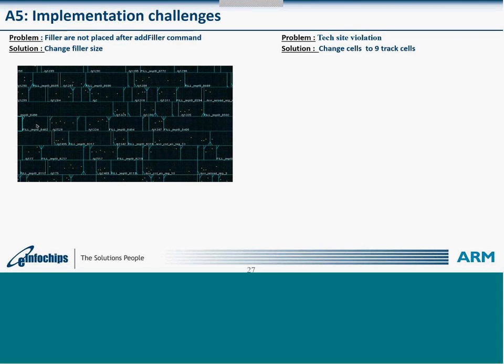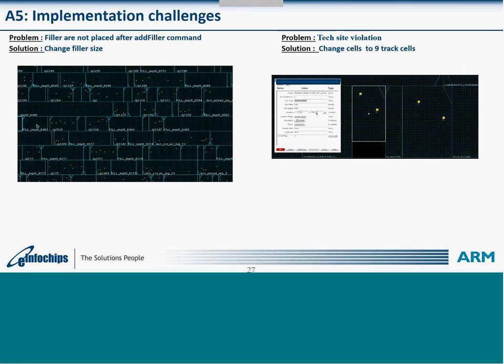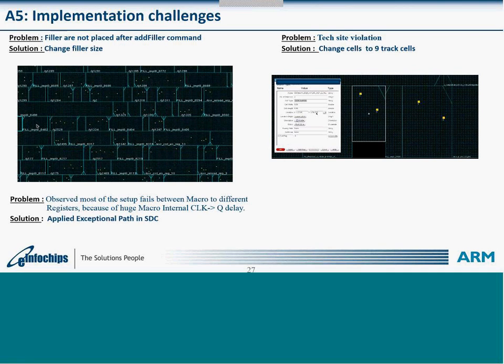The next challenge was the site violation. Here, in some places we could see 7-track libraries inserted instead of 9-track cells. In this A5 block, we have used all 9-track libraries of TSMC, but some cells were picked from the 7-track library. So we started looking at it. We could see that for a few of the cells in the 7-track library, the track was not right.